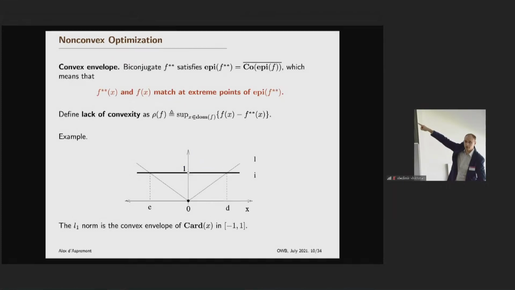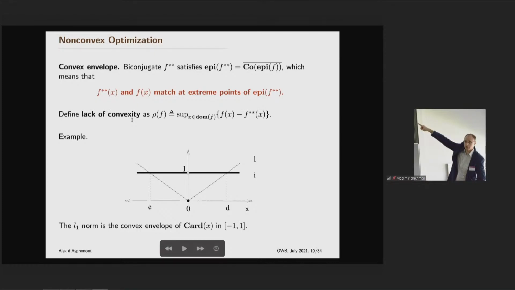And one of the key points behind this convergence is the fact that geometrically, the convex envelope and the function itself match at extreme points of the epigraph of the convex envelope. And so geometrically, we know that when we are at an extreme point of this epigraph, the relaxation itself will be tight, okay?